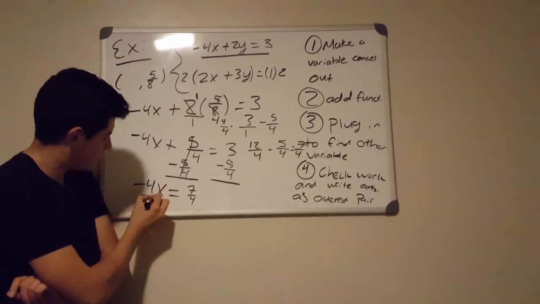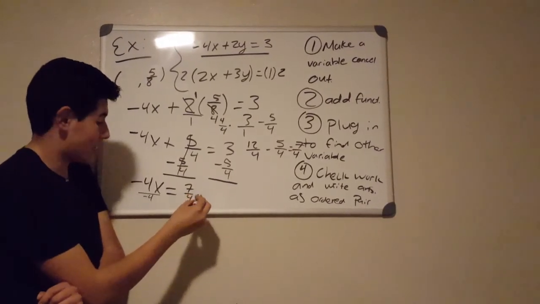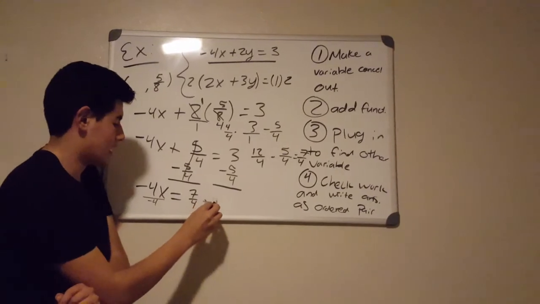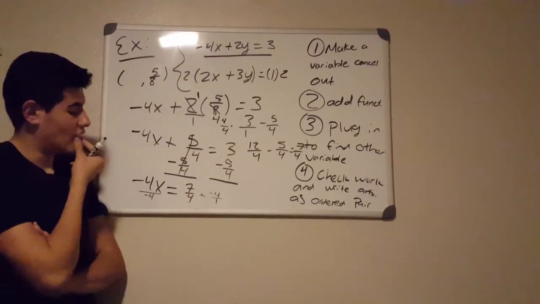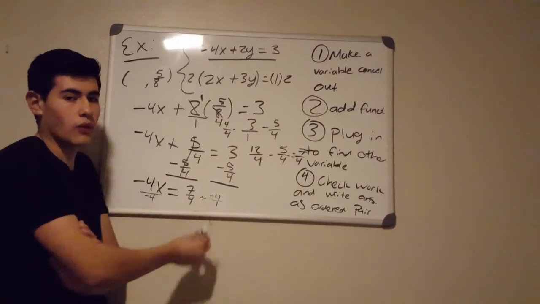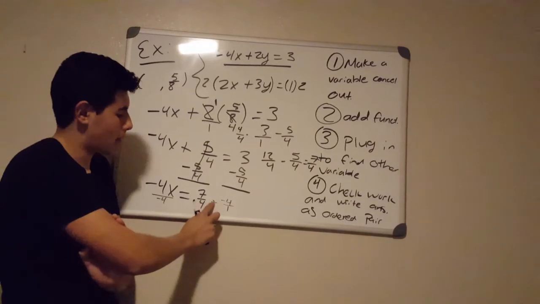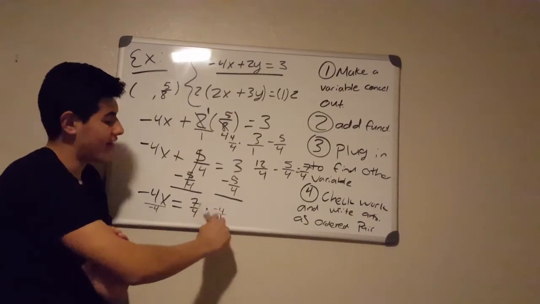And here, we're going to also be dividing by negative 4. So dividing by negative 4/1. Okay, so here's the thing. When we're dividing by a fraction, what we can do is multiply by the reciprocal. So that means we're going to multiply by this fraction flipped.